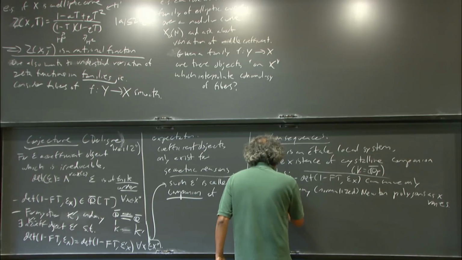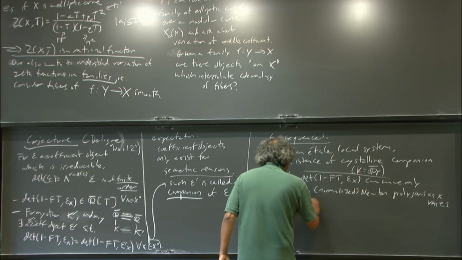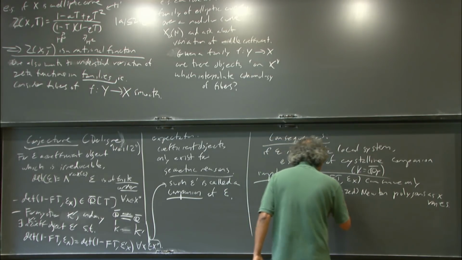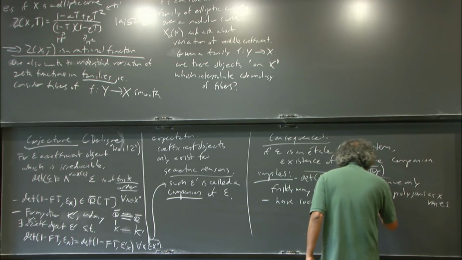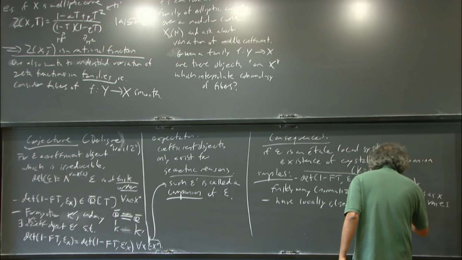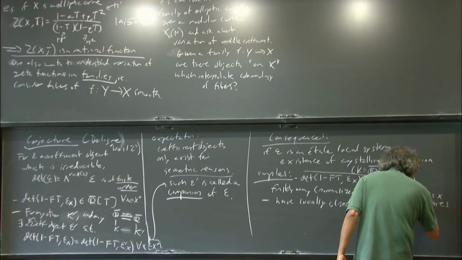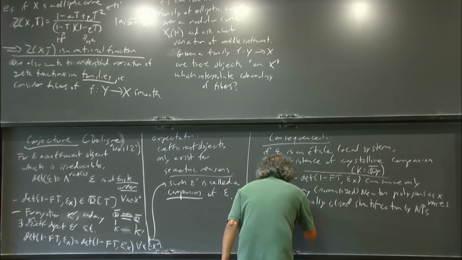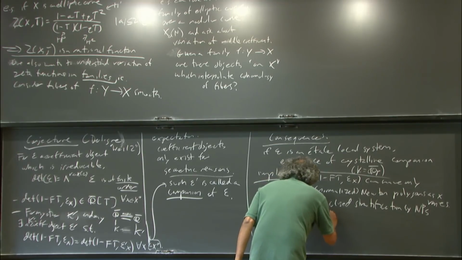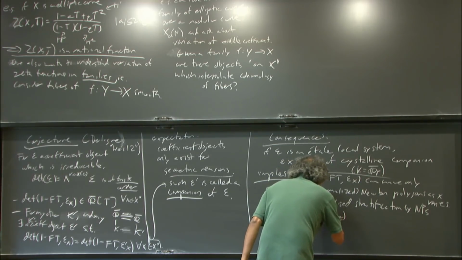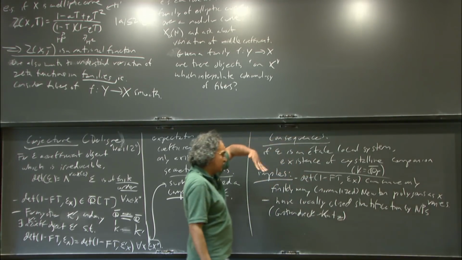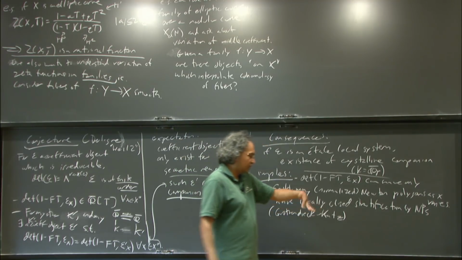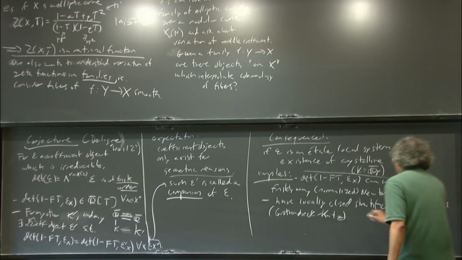So you have a locally closed stratification by Newton polygons. So this is theorem of Grothendieck and Katz. So Grothendieck proved that these Newton polygons sort of increase under specialization, and Katz showed that the strata are locally closed.